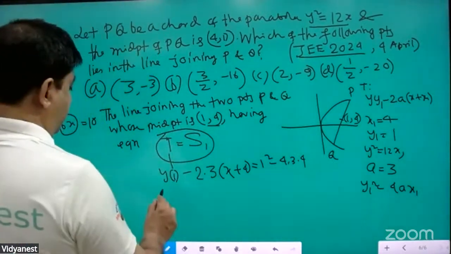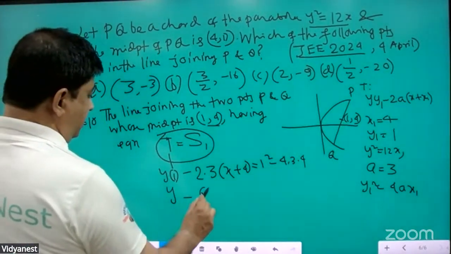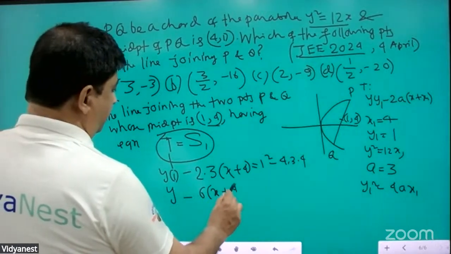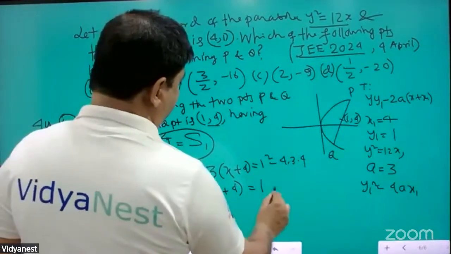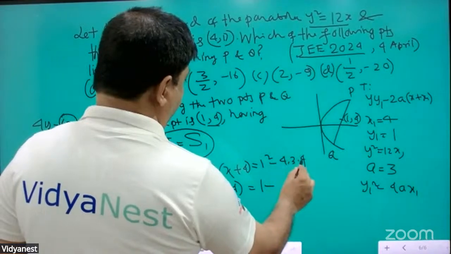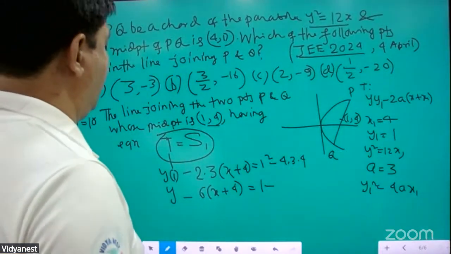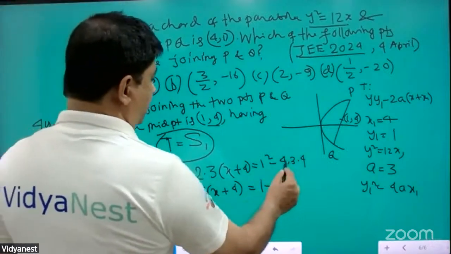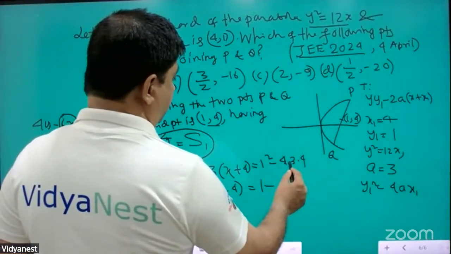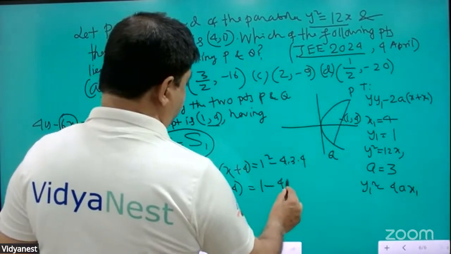So, y minus 6x plus 4, 1 minus 4 into 4, a into 4, 12, 48.